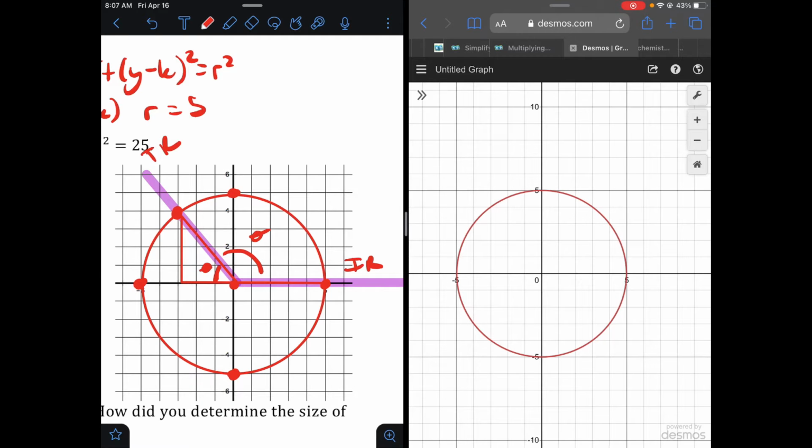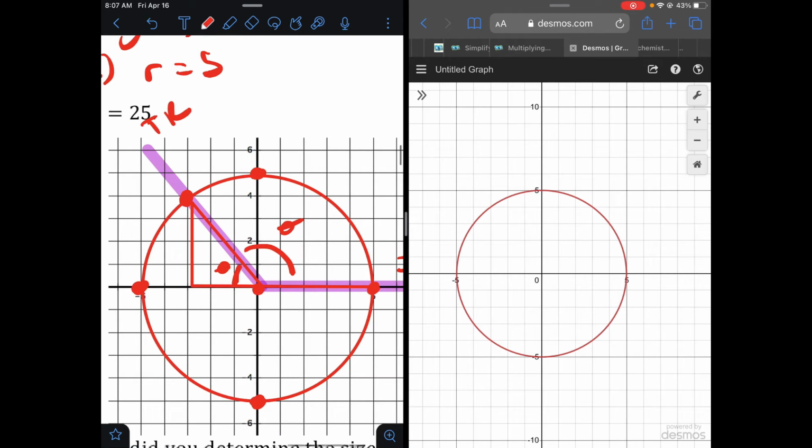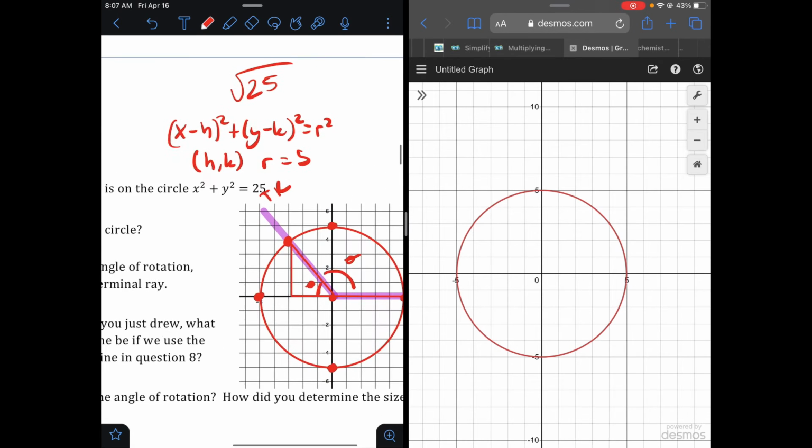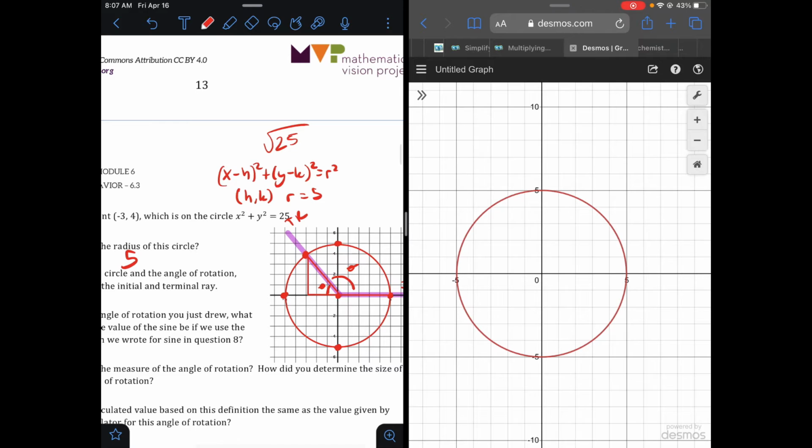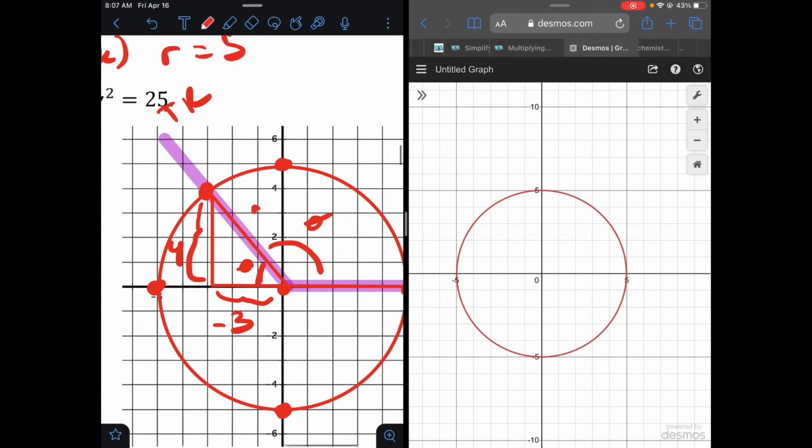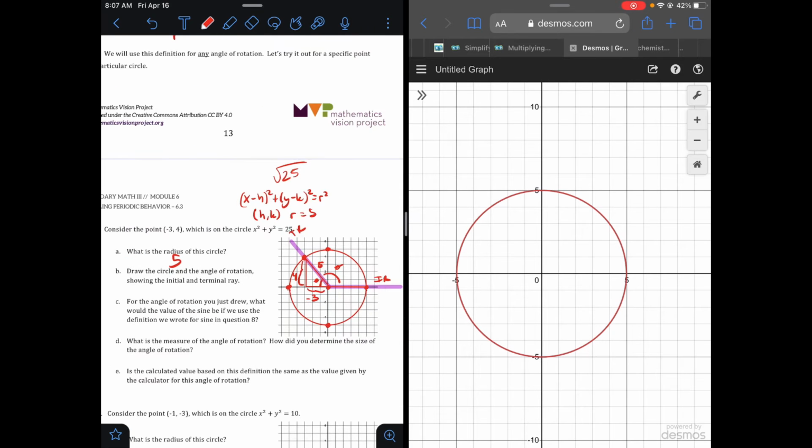So this is our actual theta of interest right there. This value here is going to be my y value, which is 4. This value here is going to be 3, or it went in the -3 direction. And we know that our radius is 5, right? So we should be able to figure out theta, okay?